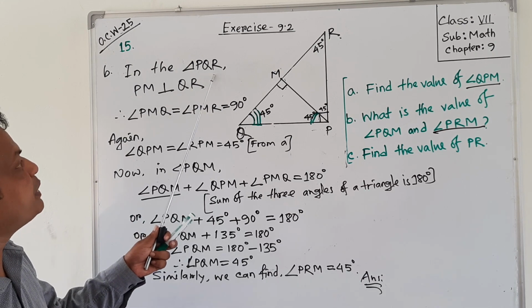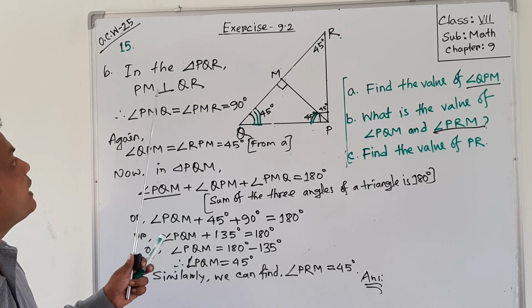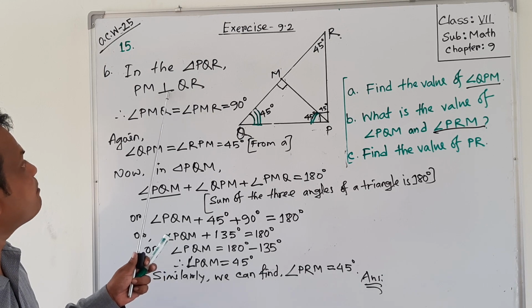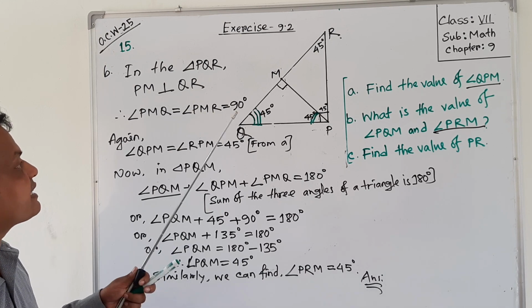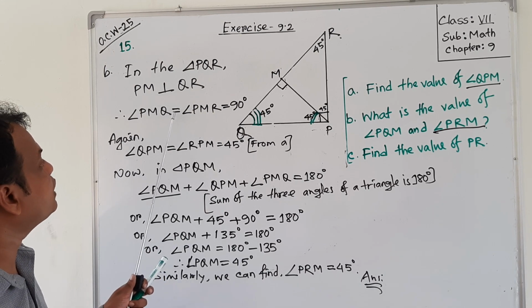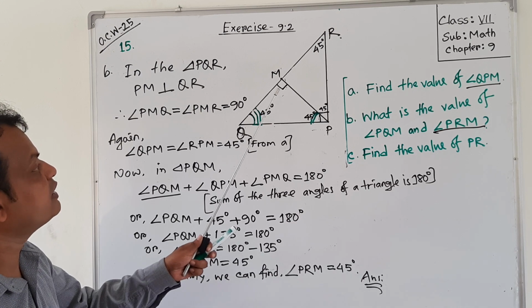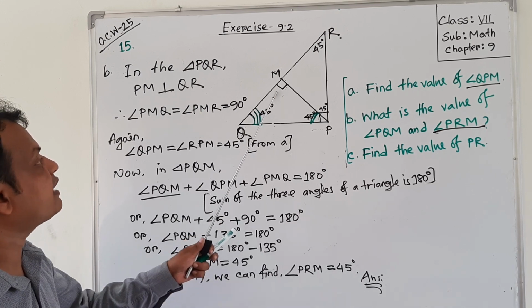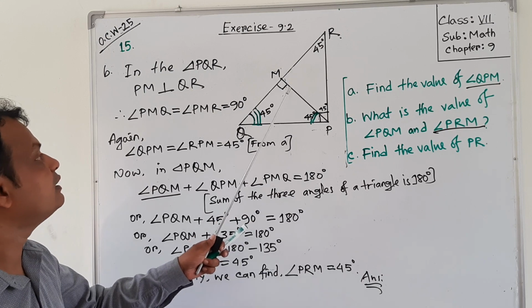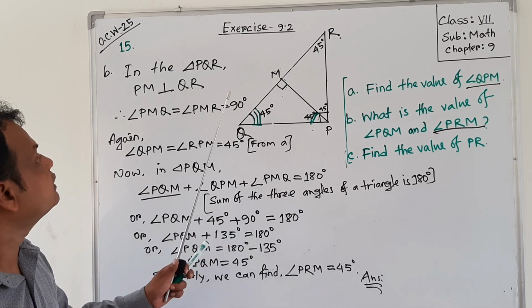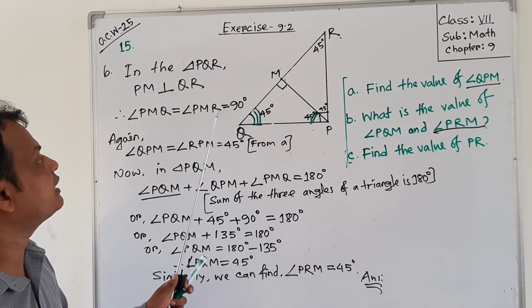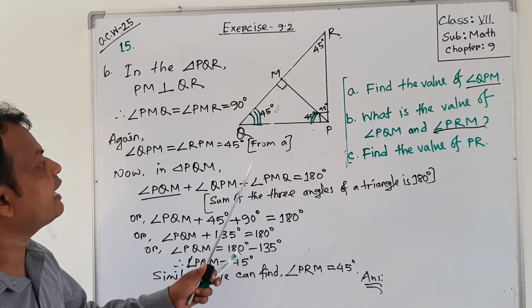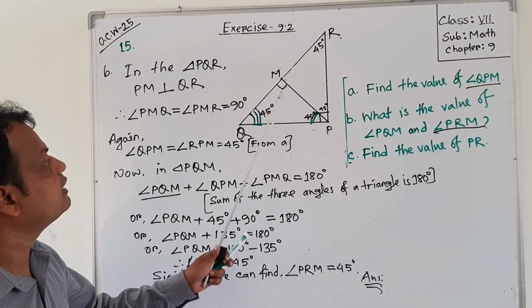In triangle PQR, we have PM perpendicular to QR. That indicates that angle PMQ equals angle PMR. These two angles are equal, and as this is one straight angle, whose value is 180 degrees, individually angle PMQ will be 90 degrees.